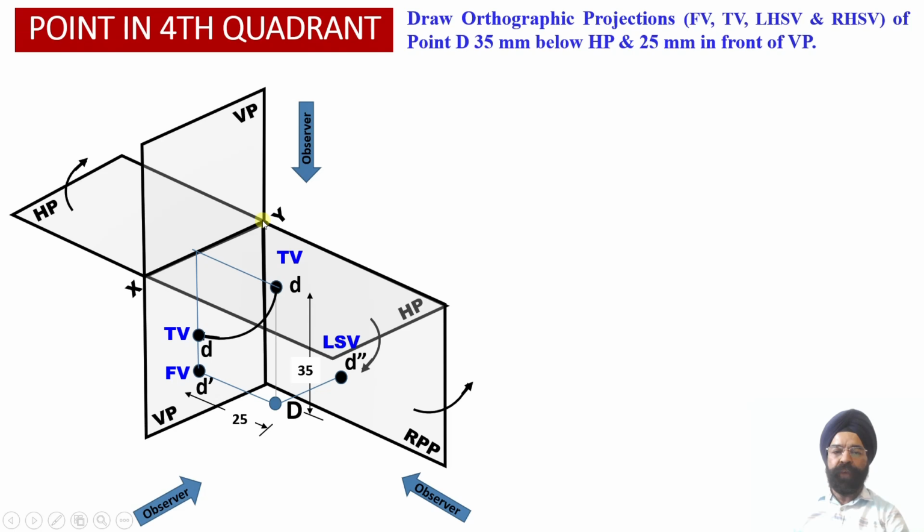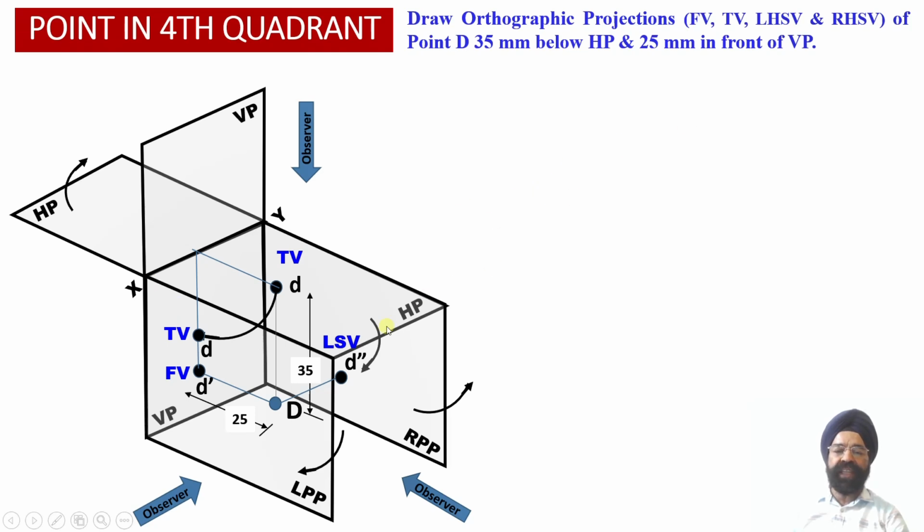So now with respect to this vertical hinge, we have to carry out the rotation of the right profile plane towards the right hand side view orientation. So we will be obtaining the left hand side view projection of this point D on the right hand side of the front view orthographic projections below the XY reference line. Similarly, here we have got the left profile plane available over here.